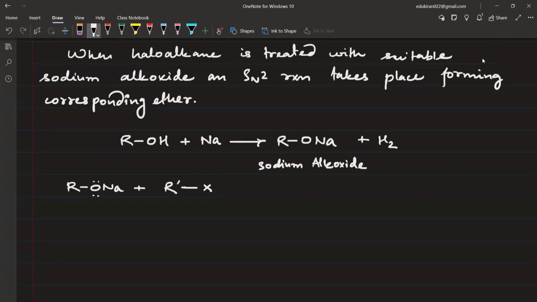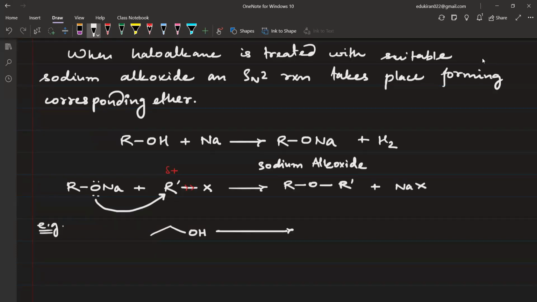The alkyl group will have a delta positive charge because it is attached to an electronegative halogen, which pulls electrons from the alkyl group. Then the oxygen atom with its lone pair will attack the R dash, leading to formation of R-O-R' plus NaX.